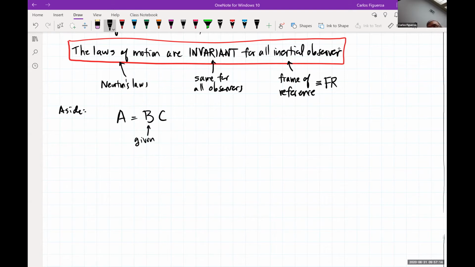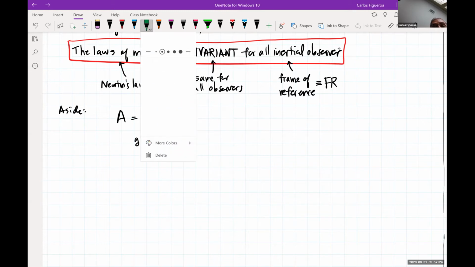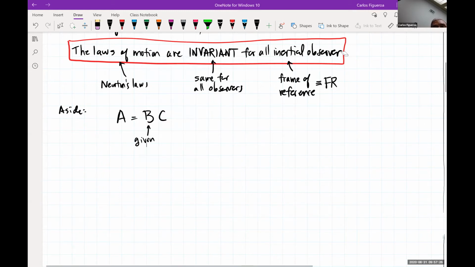Sometimes on these examples I'm laughing a little bit, but I don't mean it in a bad way. You'll see me go, okay, I now have B. We now know that what the problem gave you is A. Let's solve for C now.